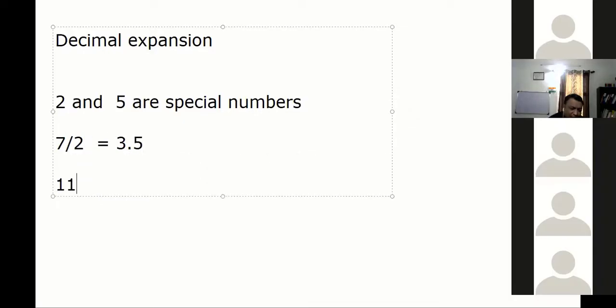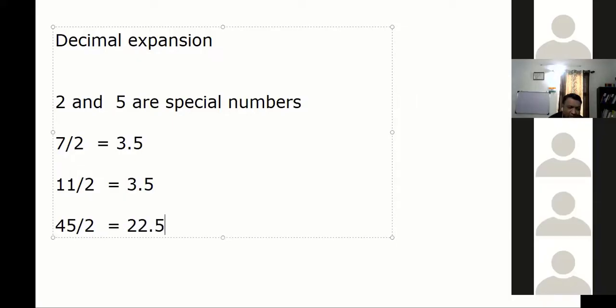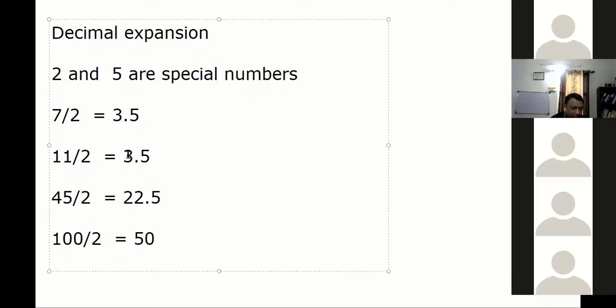Take 11 by 2, you get 5.5. Take 45 by 2, you get 22.5. Take 100 by 2, you get 50. This is a very interesting thing. Many people get confused on this because the book says all standard form. We don't need that.